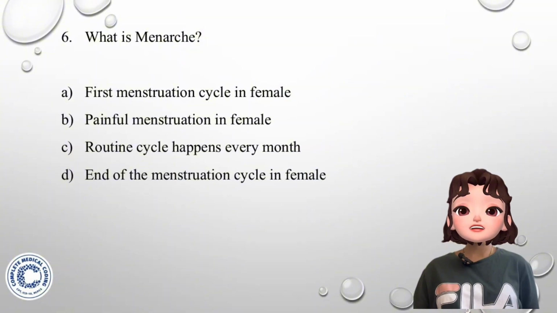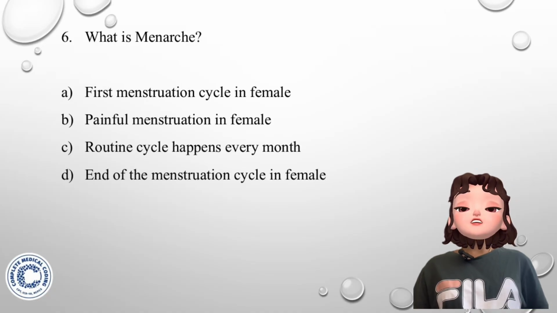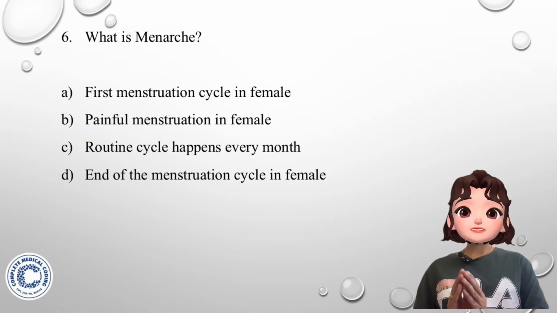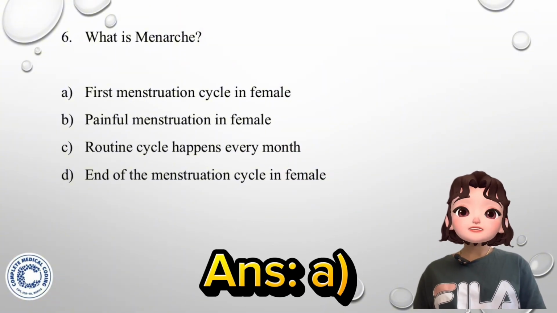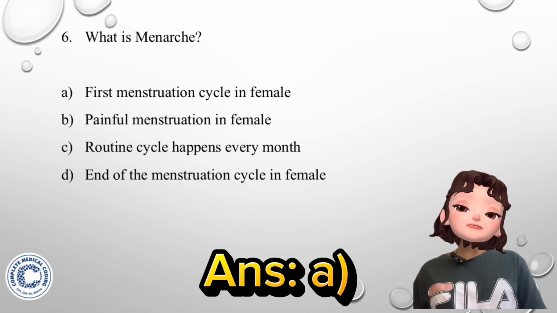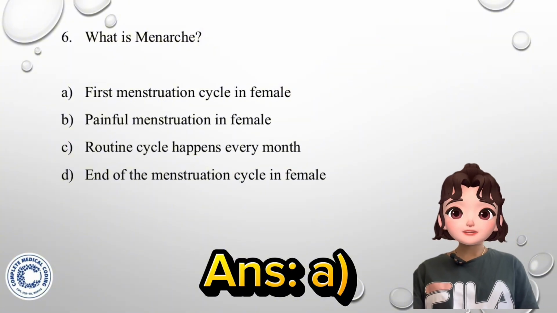Option C, routine cycle that happens every month. And option D, end of the menstruation cycle in female. Menarche and menopause are both important. The answer is option A, first menstruation cycle in female. That is called menarche. And the end of the menstruation cycle in female is called menopause.